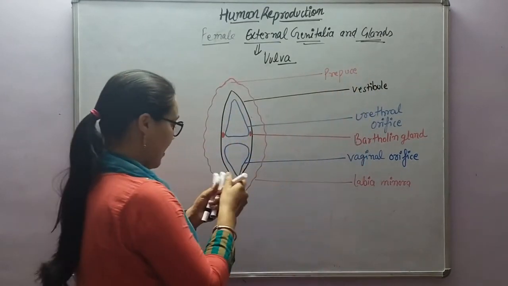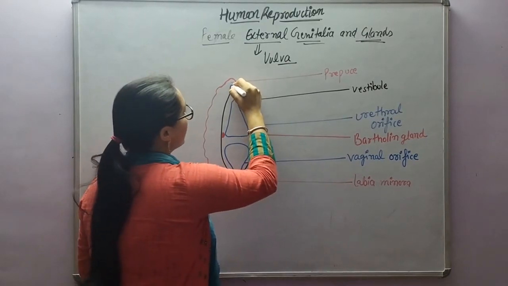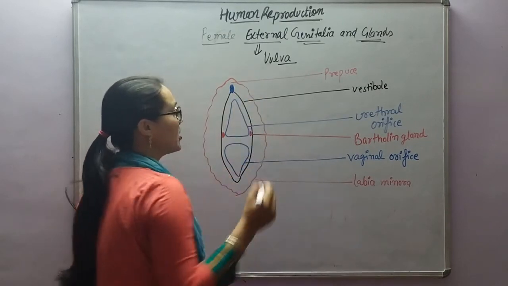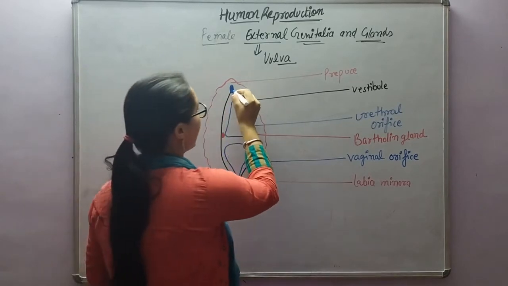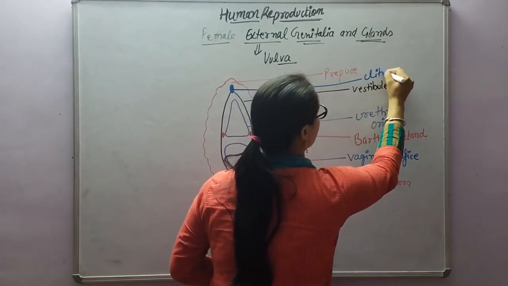Here another pointed structure is present, which is erectile in function and homologous to the penis. This erectile structure is known as the clitoris.